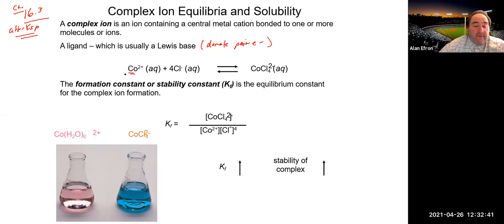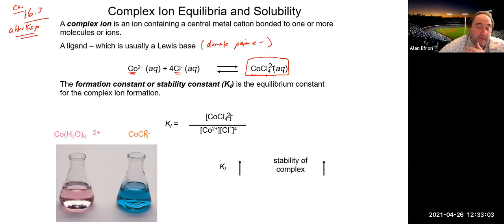So, for the formation of this, we can set up our metal plus our ligand to make our complex ion. Now you know how to properly name something like that, right? Tetrachlorocobaltate(II) ion, something like that. We learned that last time.